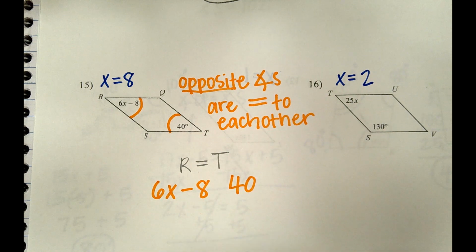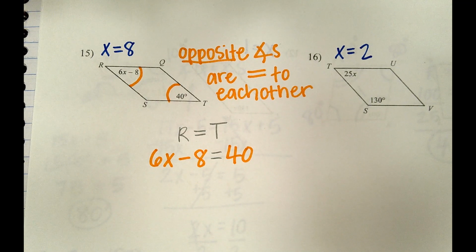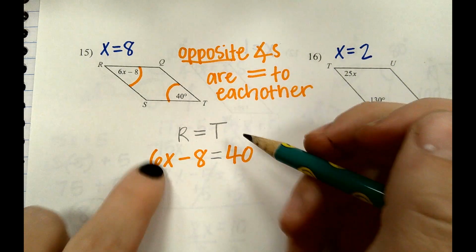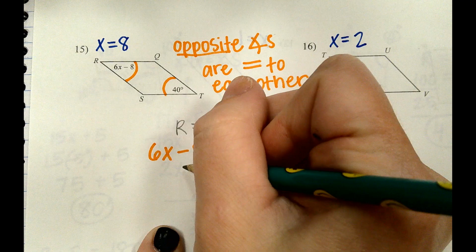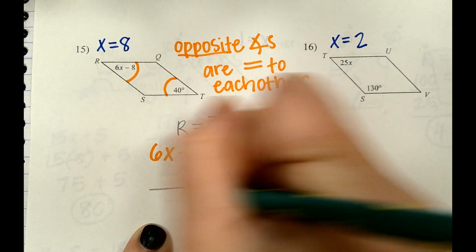We're just setting them equal to each other. Once you have that equation set up, all you have to do is solve it. So I've already got 6x minus 8 equals 40. I'm going to get rid of everything that's not x, so minus 8 has to go. We will add 8 to get rid of it.